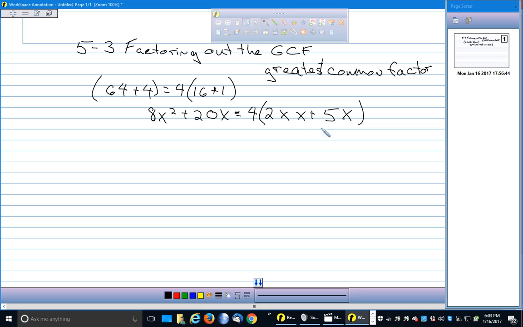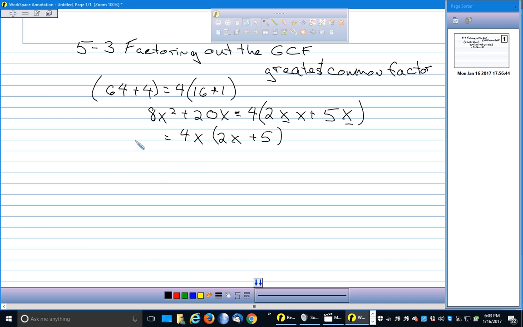Well, since 4 times 5 is 20, and since both of these expressions have an x in them, I can pull that x also outside of the parentheses. So completely factoring out the GCF, I have 4x times (2x plus 5). And that's factoring out the greatest common factor from an algebraic expression.